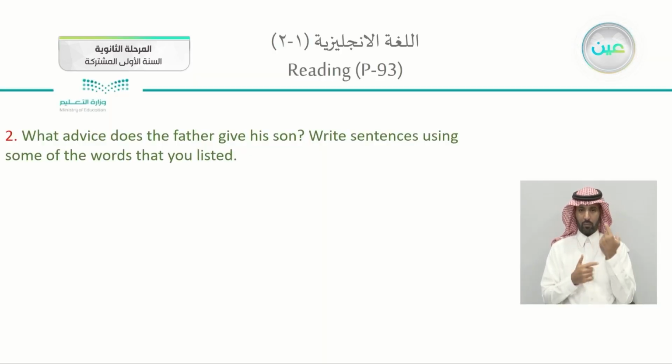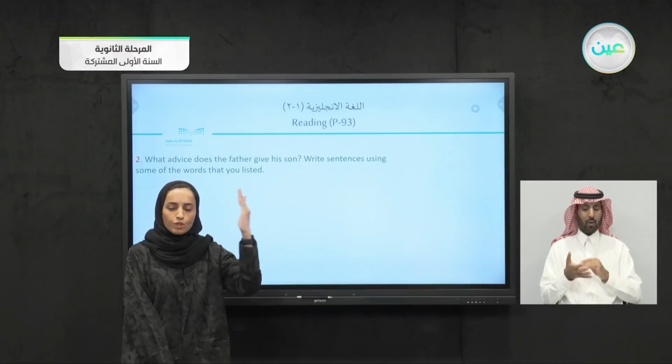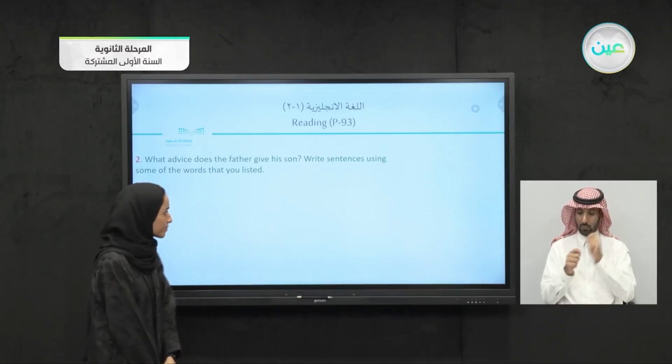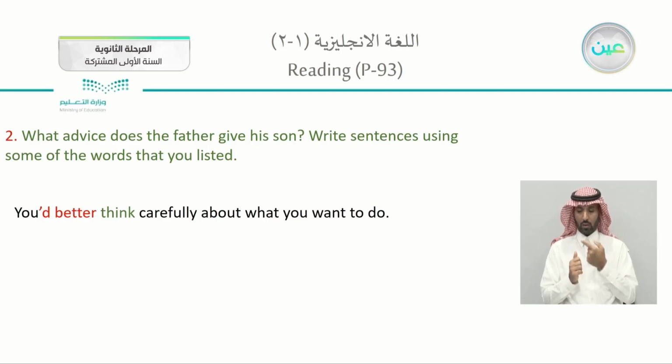Let's continue in number 2. What advice does the father give his son? Write sentences using some of the words that you have listed above. The words we have listed, the nouns, verbs, and adjectives, we will use them to come up with advice. I would say, you had better think carefully about what you want to do. Notice what we have used here. You had better.